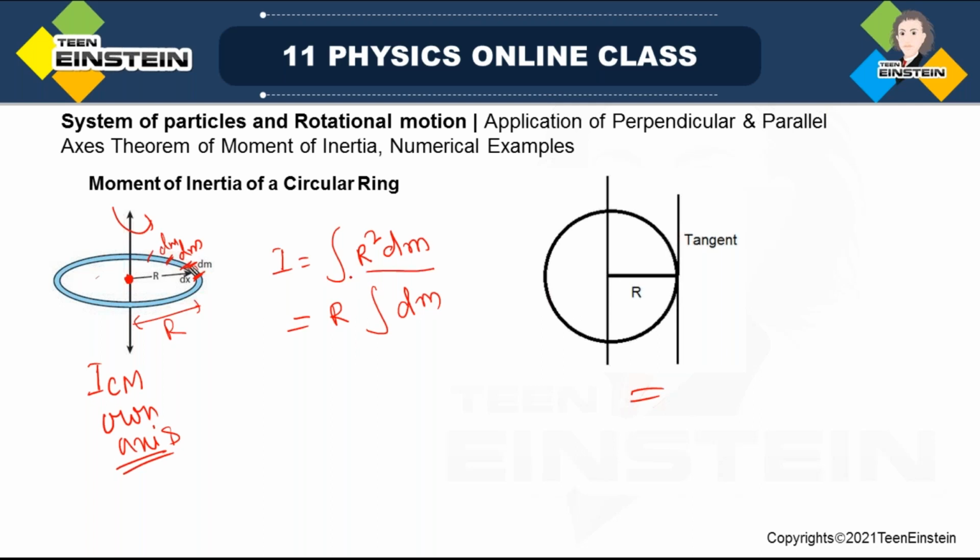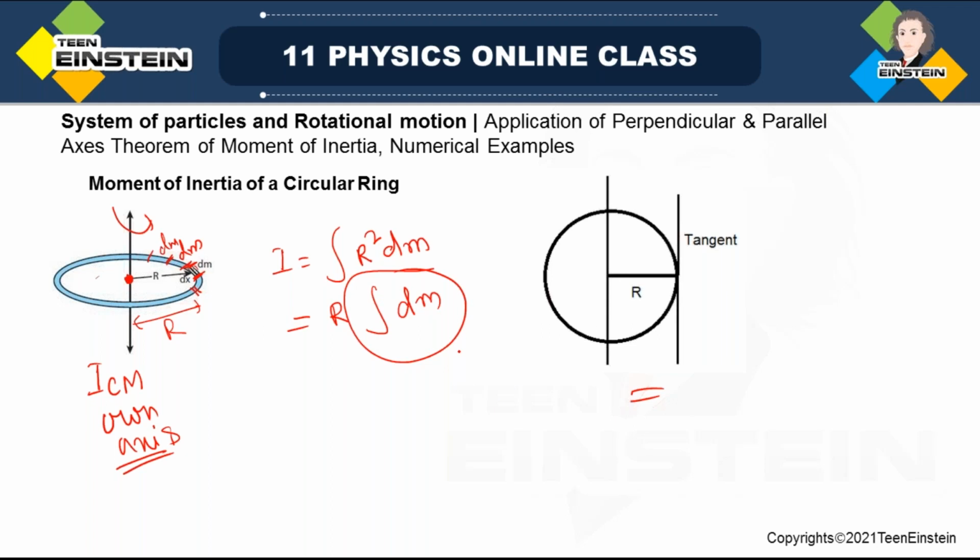This integration is nothing but the summation of dm. And when dm tends to 0, that means dx tends to 0, the length of the element becomes very, very small, then that summation becomes integration, according to the definition of calculus.